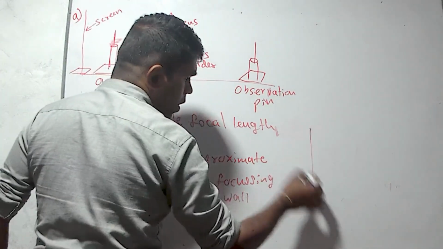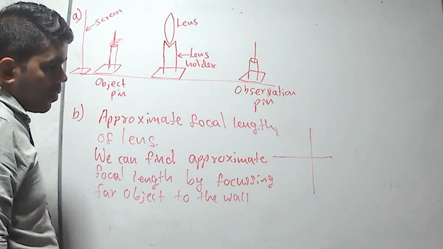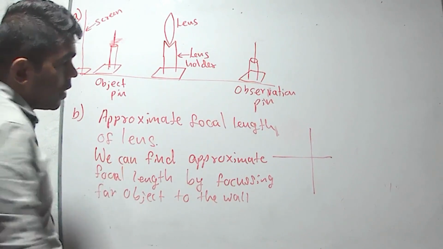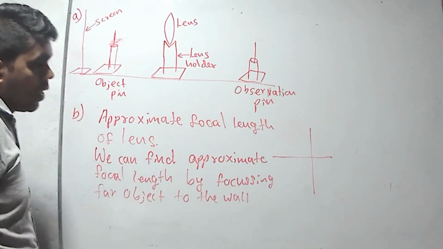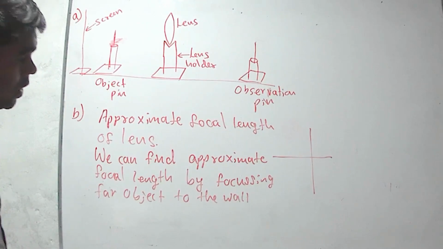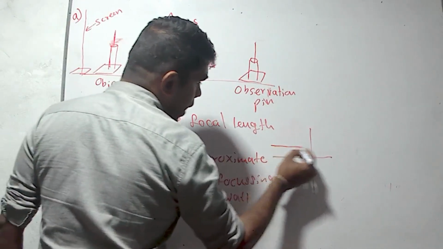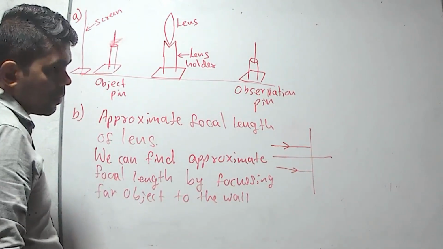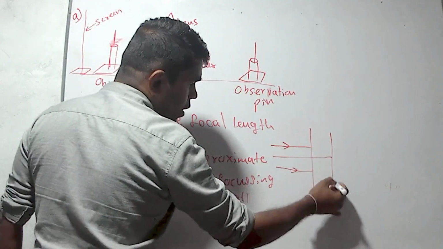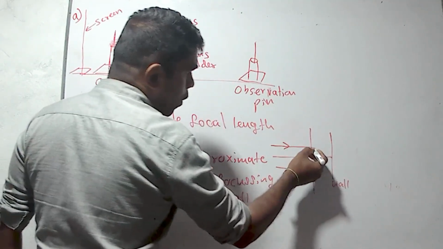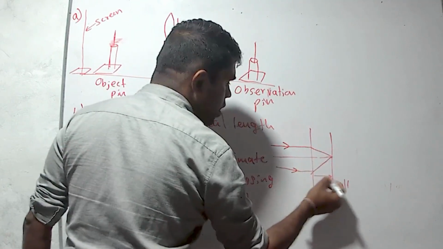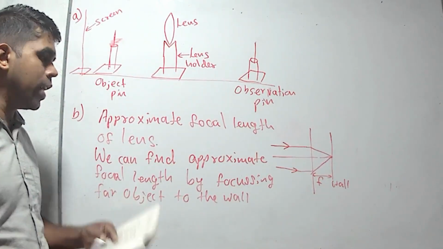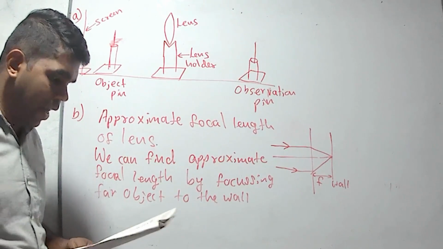It means we have to select a distant object, and we can consider parallel rays to be coming from the object. If this is the wall, when the image is focused on the wall, this distance is the approximate focal length. It is not the correct focal length, we can get only an approximate value.